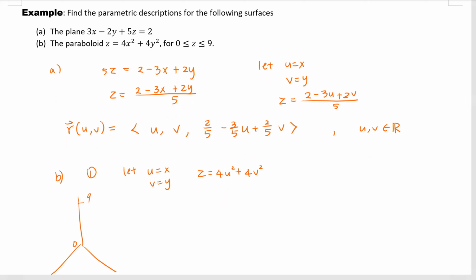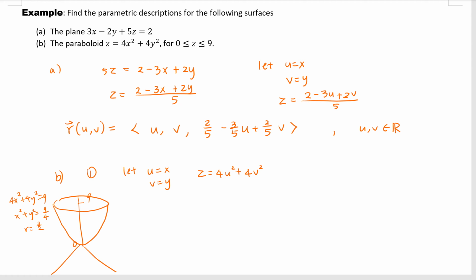If z equals 9, we get 4x squared plus 4y squared equals 9, so x squared plus y squared equals 9 over 4. This is a circle, so if we project down, it is a circle with radius 3 over 2.